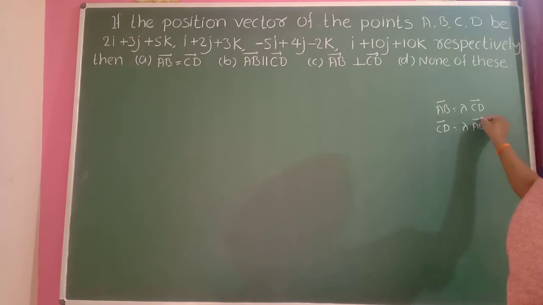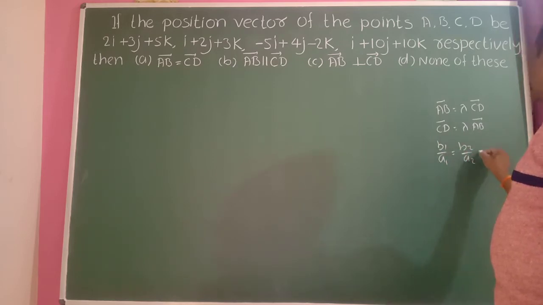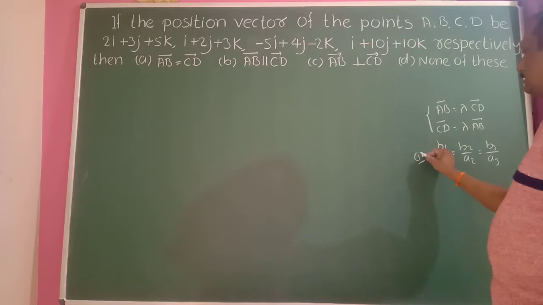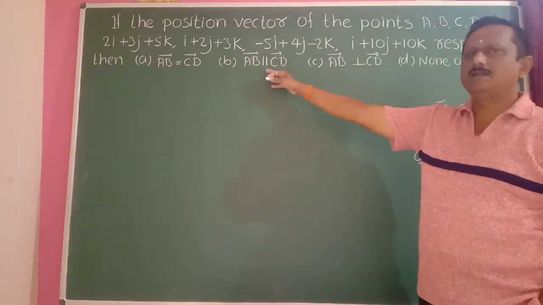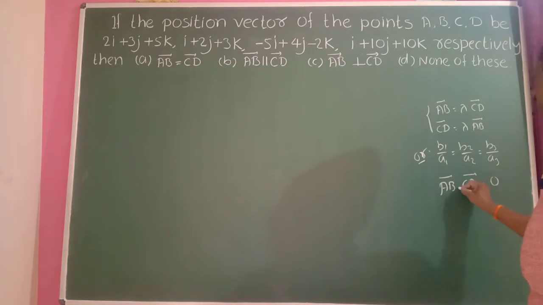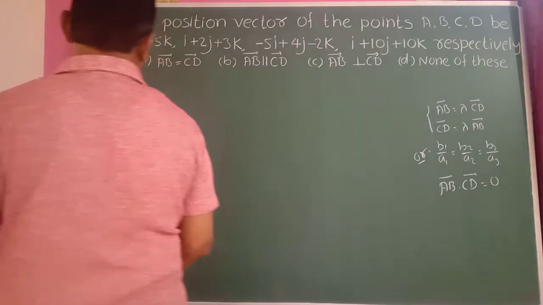Otherwise, ratios are proportionate: b1/a1 = b2/a2 = b3/a3. Either this condition or this condition, then we can say they are parallel to each other. And perpendicular means the dot product must be 0. If the dot product is 0, then we can say they are perpendicular to each other. Okay, now check which one is the correct option here.